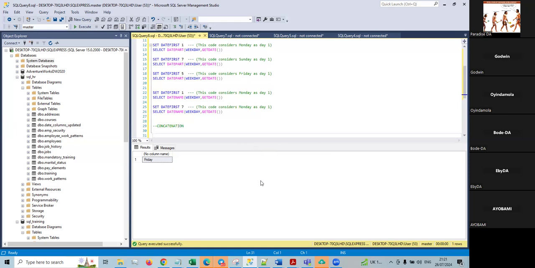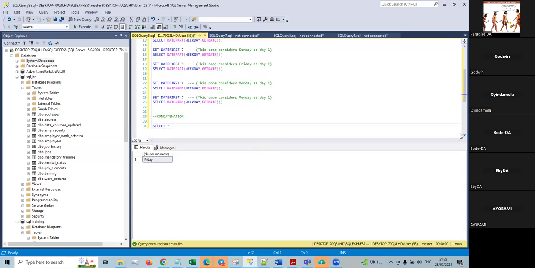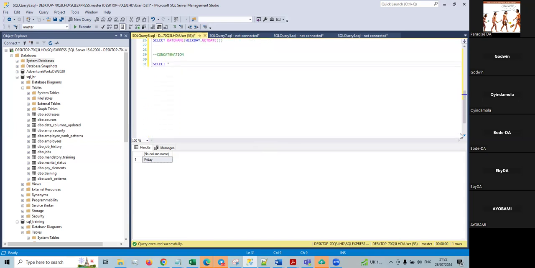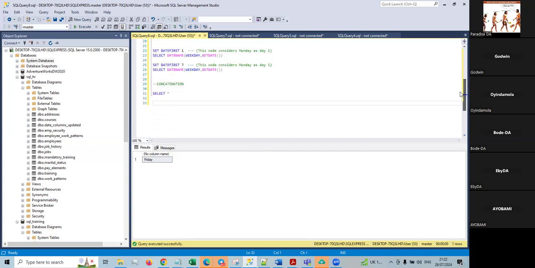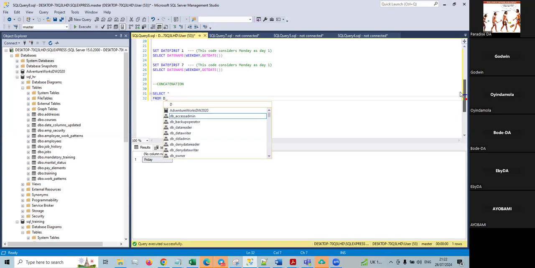We said last week, for example, that if we want to select all, SELECT star, from DimEmployee. So let me change my database to this one.